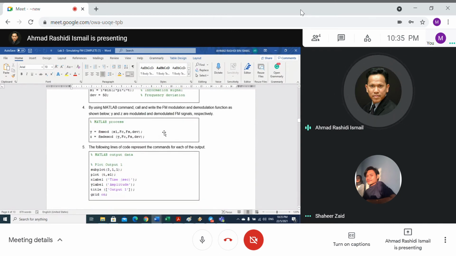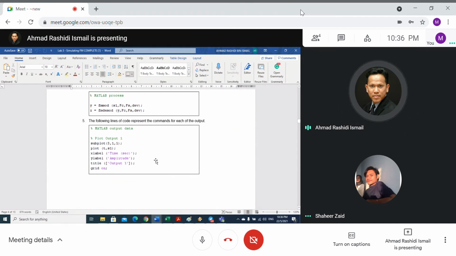Next, the MATLAB process includes two types of signal: the frequency modulation or FM signal, represented by the Y signal, and the Z signal, which represents the FM demodulation signal. Both signals represent the signal from the transmitter and the receiver circuit.